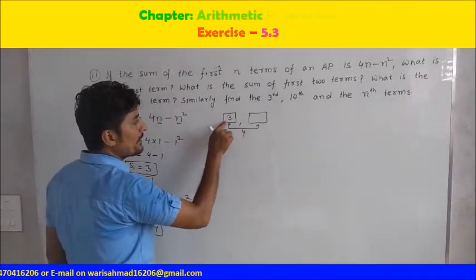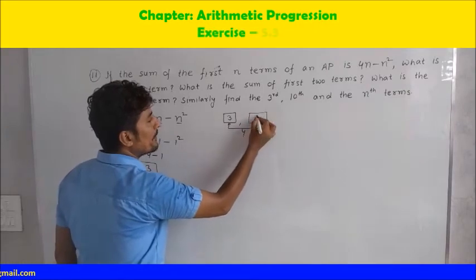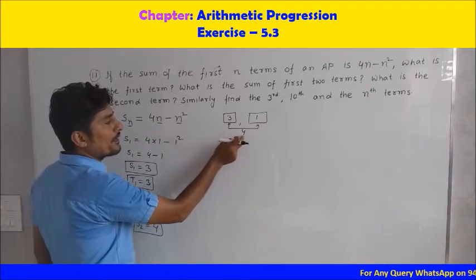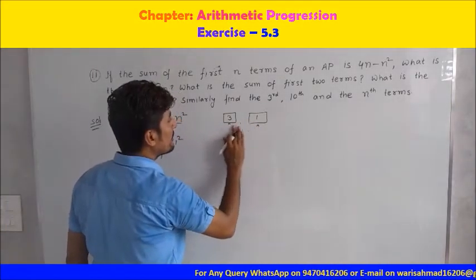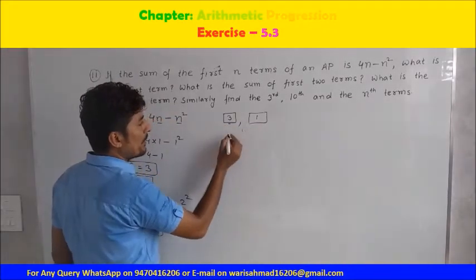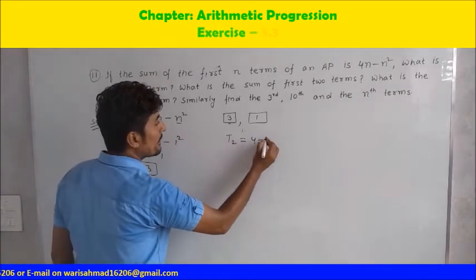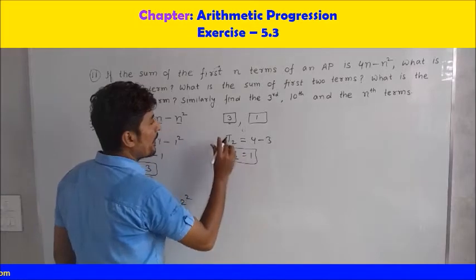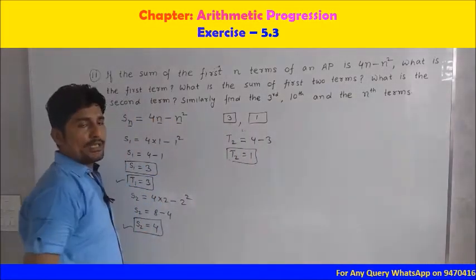So if the first term is 3 and the sum of these two terms is 4, then the second term will be 1, because we subtract 3 from 4 and get 1. So the first term equals 3 and the second term equals 1. T2 equals 4 minus 3, meaning T2 equals 1. So this is the first term of the AP, and this is the second term of the AP.